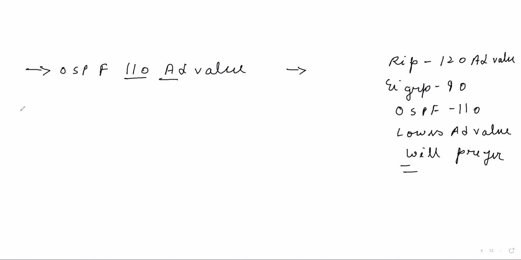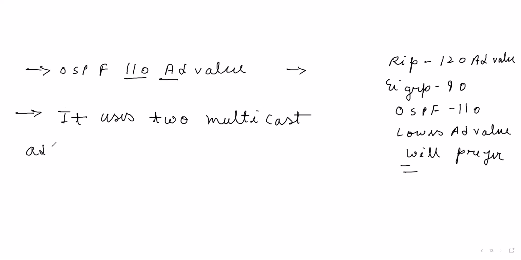OSPF uses 2 multicast addresses. Every protocol uses 1 multicast address, but it uses 2. I will tell you later why. They are 224.0.0.5 and 224.0.0.6.